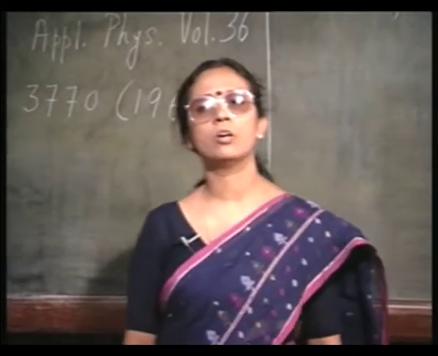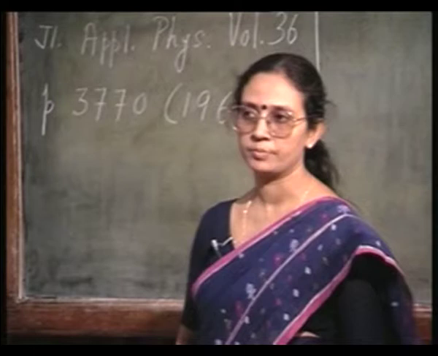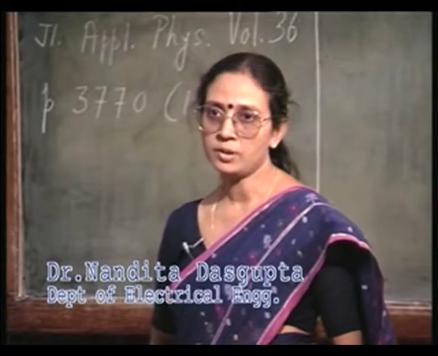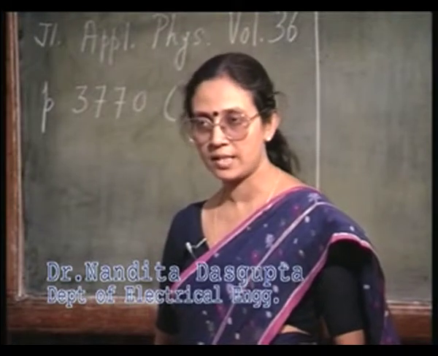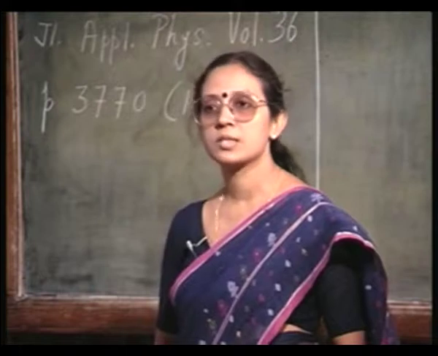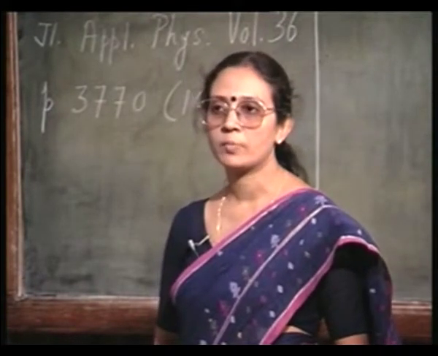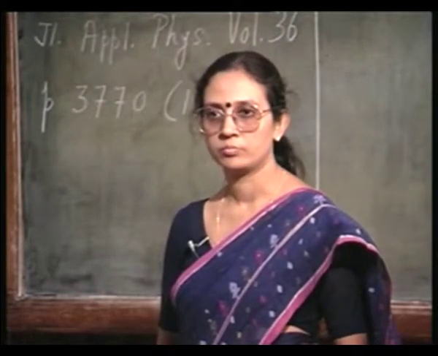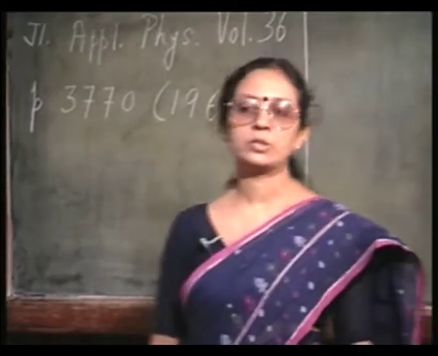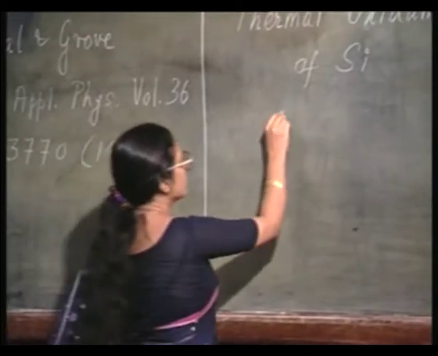The principle of thermal oxidation is very simple. You take silicon sample, put it inside a furnace, raise the temperature of the furnace and allow either oxygen or water vapor to flow, and silicon will react either with oxygen or with water to form silicon dioxide.